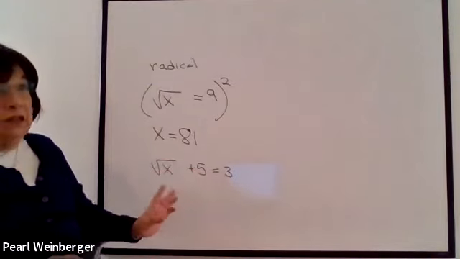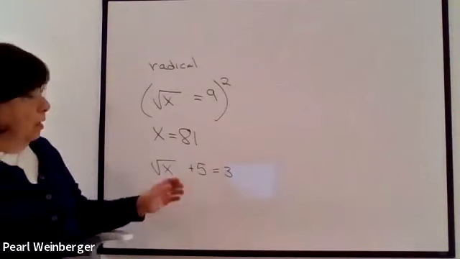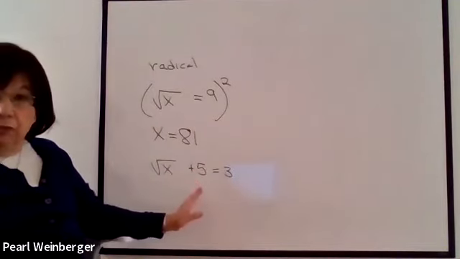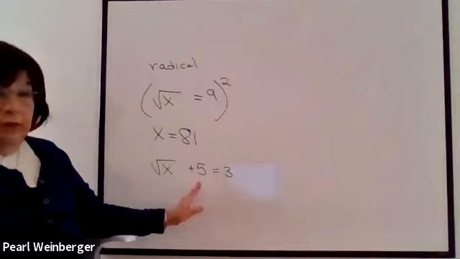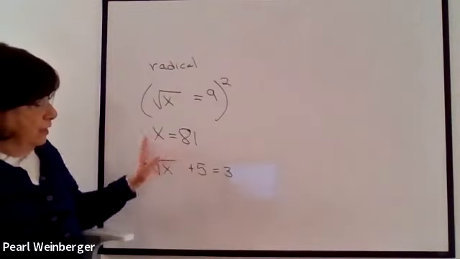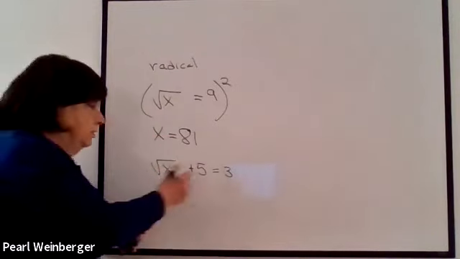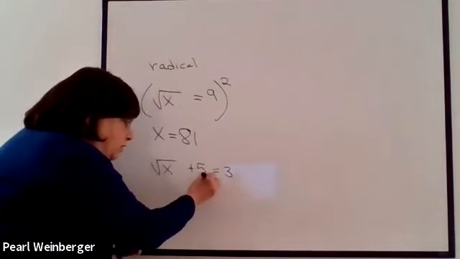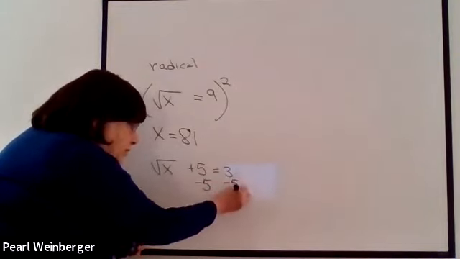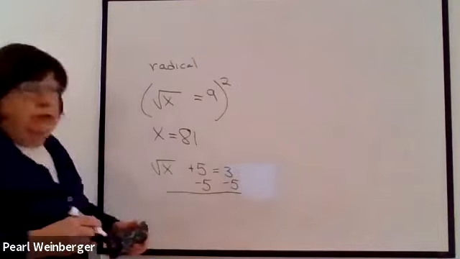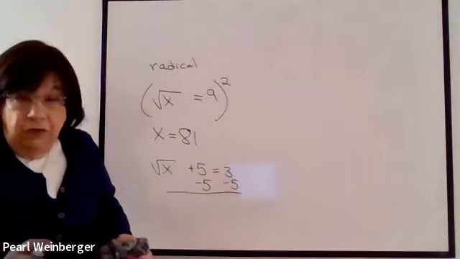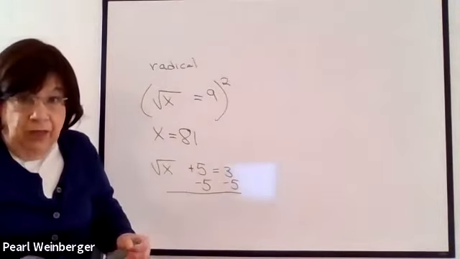But the concept is going to be the same. The first step, though, is to get your radical by itself. If there's anything outside the radical, bring it to the other side. It's like what we did when we solved absolute value equations. And the first thing we had to do was get the absolute value by itself.